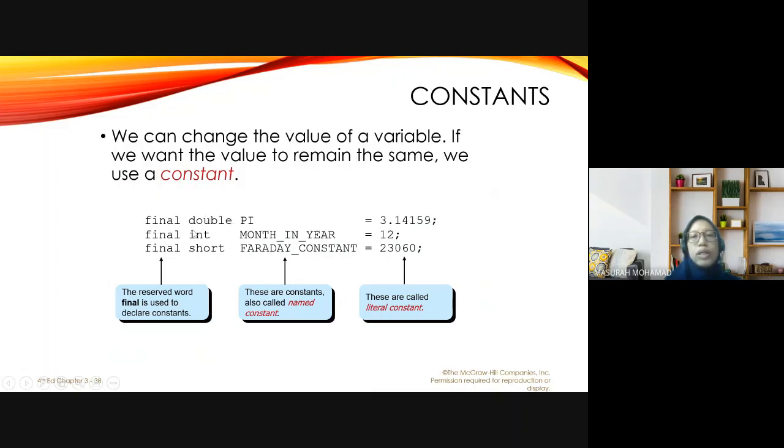You need to declare the data type and also give the variable name. In this case, we usually use pi, months in a year, or the days, Friday, as a constant.